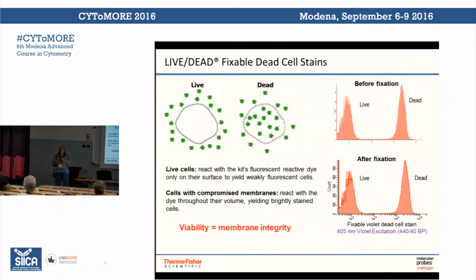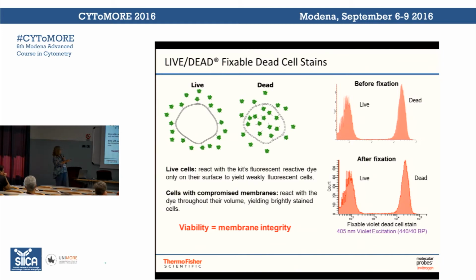The second class, these are amine reactive dyes, and they also work on the theory of membrane integrity, but it's a little bit different. So these are protein reactive. The dye will react with the amines on the outside of a live cell. This will result in very dim fluorescence.